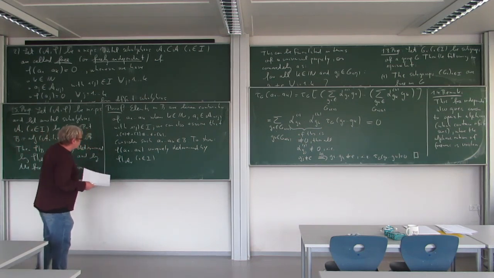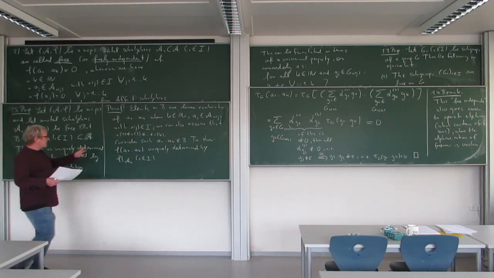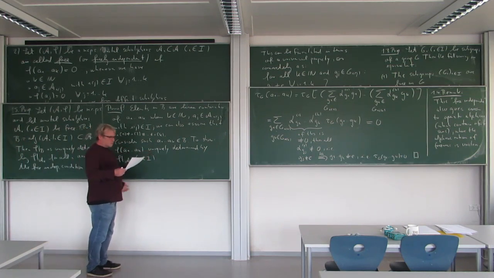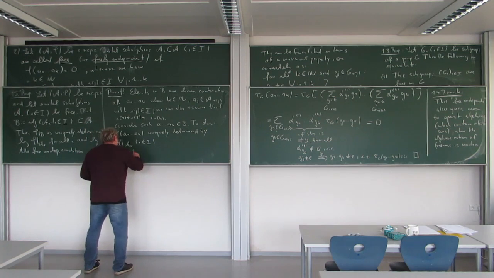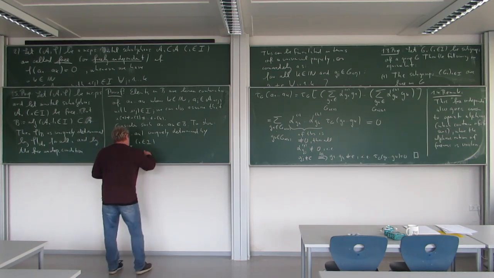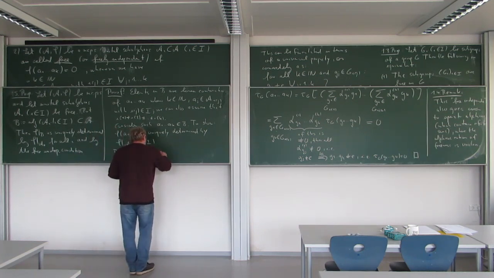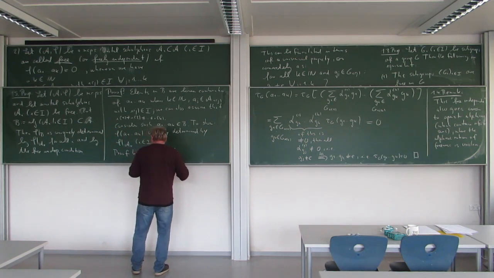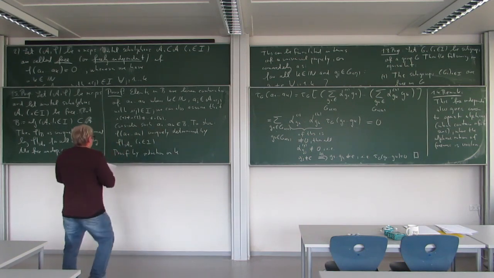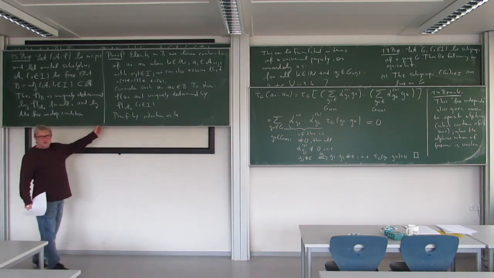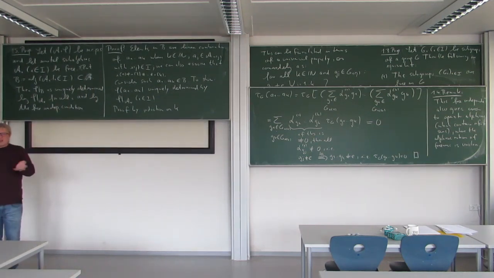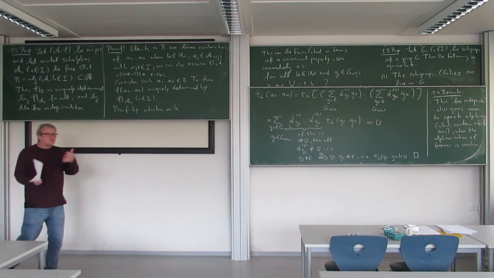Okay, and the proof will now be by induction on the length of such a product. Proof is by induction on k. And of course, the smallest case, k equal to 1, is trivial, because then I have a product of one term, so it's just a1, and this must come from one of the subalgebras.